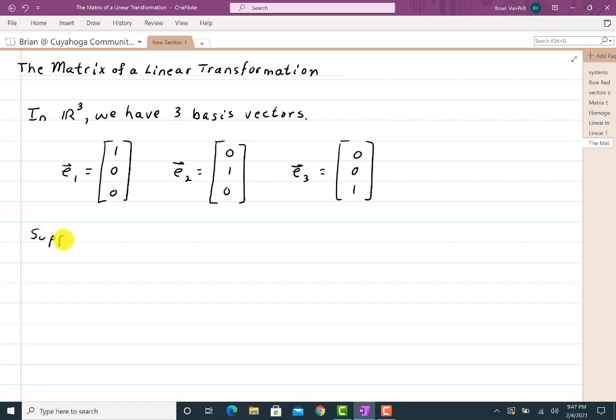Suppose T from R3 into R2 is a linear transformation, and let's say I know this information about it.